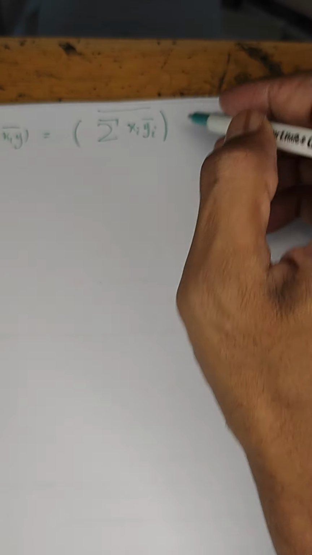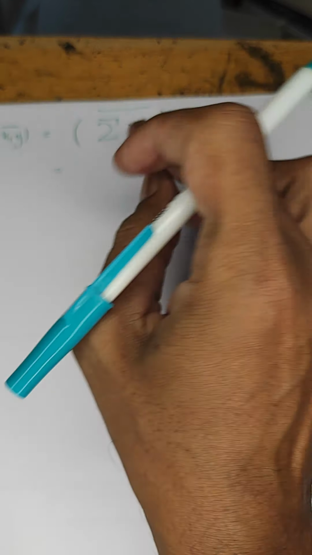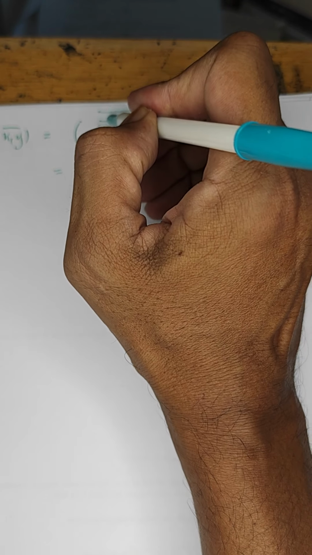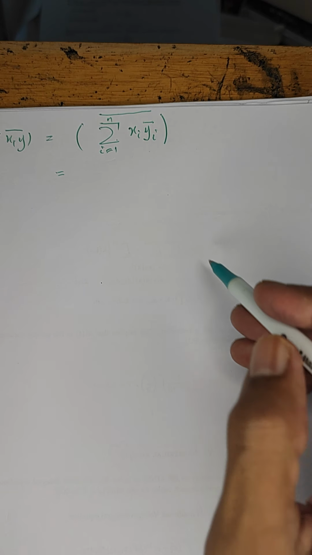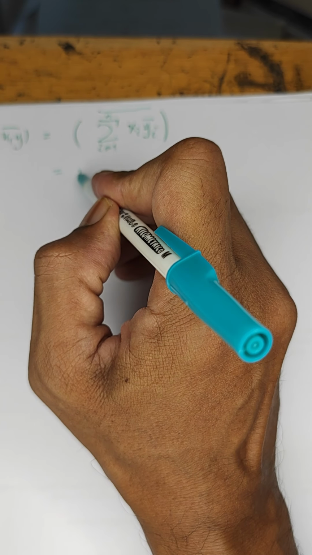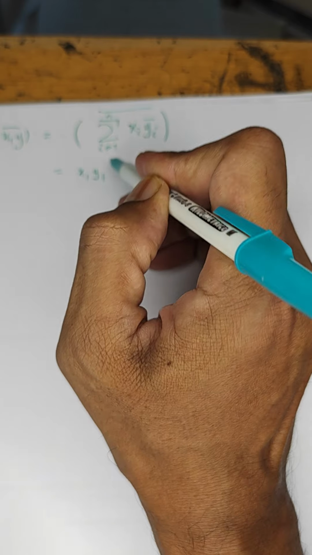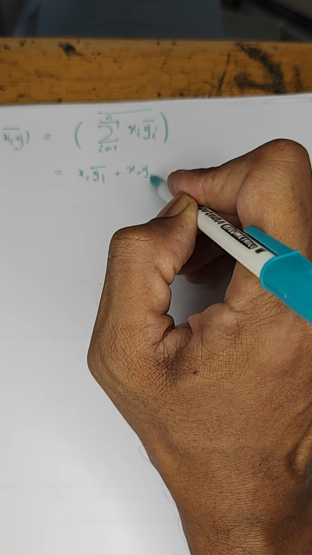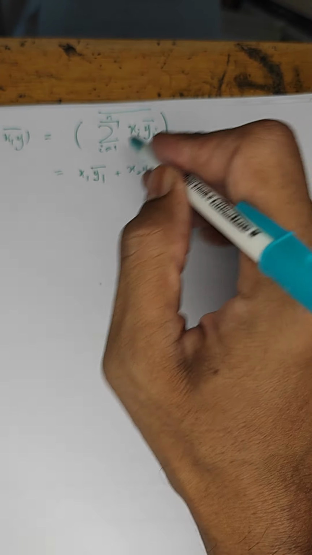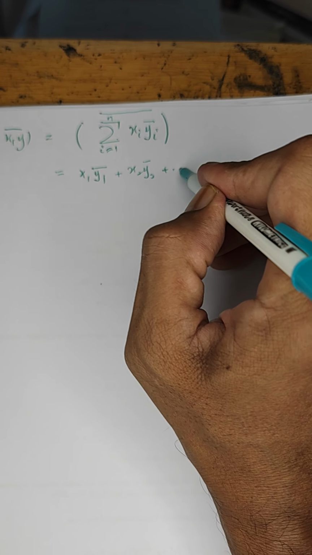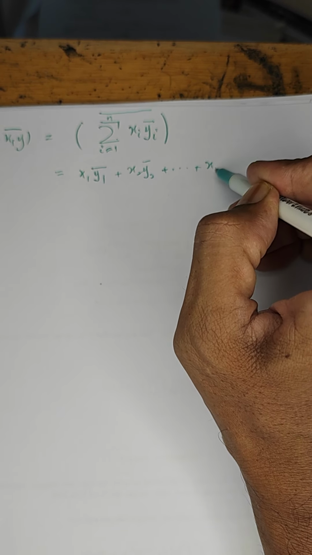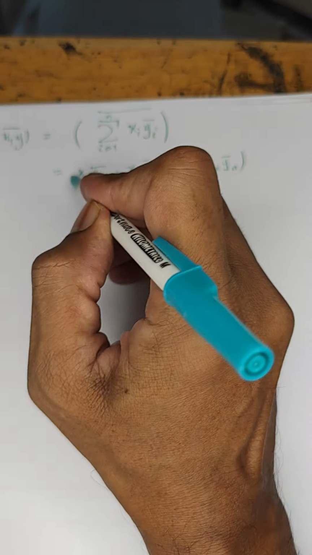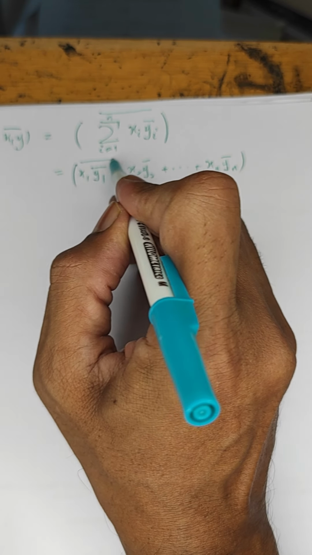Okay, so what we have from there, if you expand this expression, you get something like x1 y1 bar plus x2 y2 bar, up to xn yn bar, and we have bar on everything there.